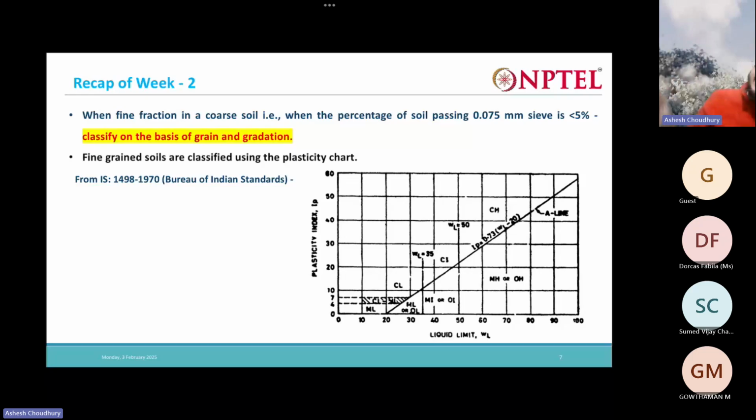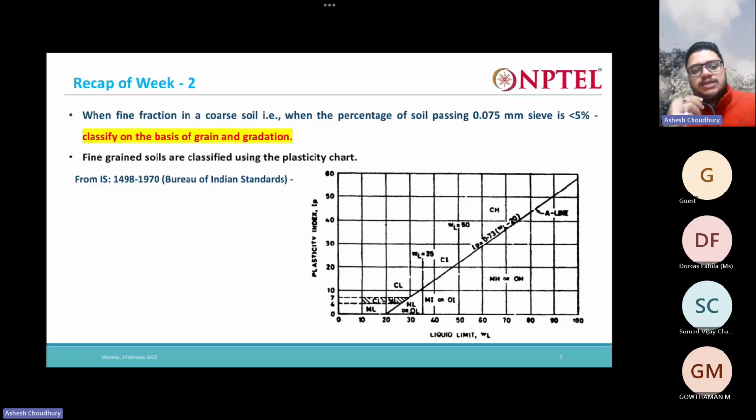The suffix can be either W or P, well graded or poorly graded. When the fine fraction is very negligible, the suffix is decided based on whether that coarse grained soil is well graded or poorly graded. Okay, done.